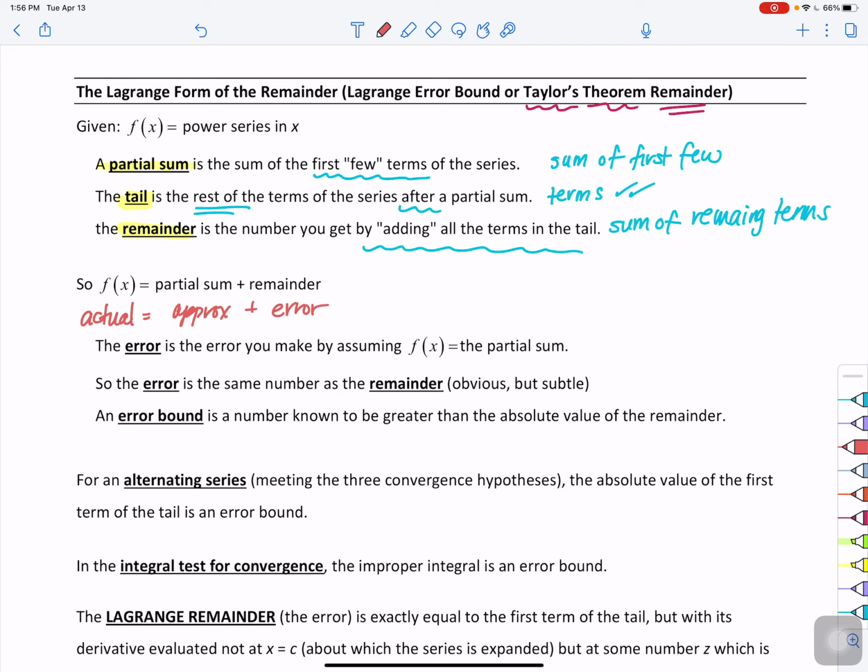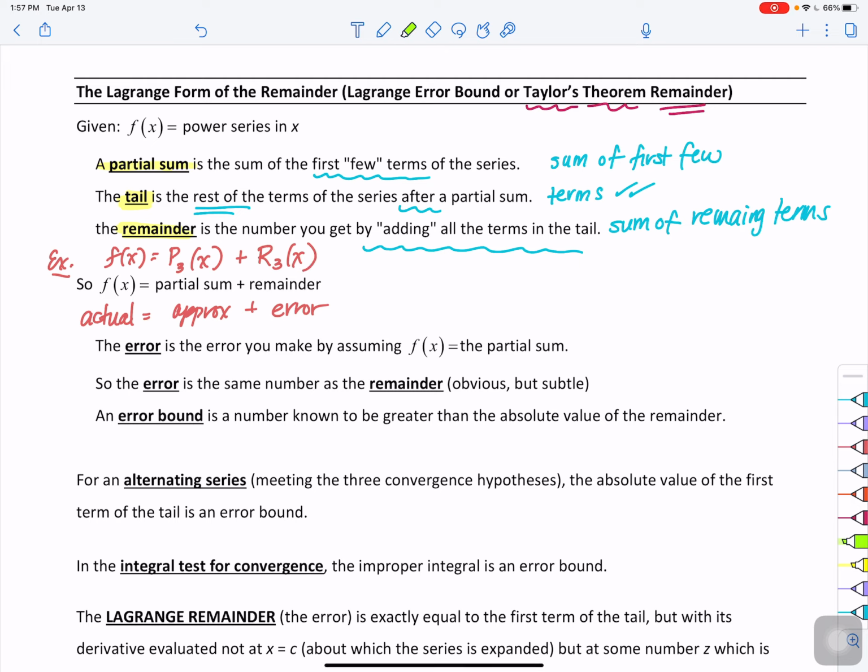Let's say, for example, you sum the first three terms, or third degree. How about that? For example, if we had f of x, we could say it's equal to this partial sum, the third degree Taylor polynomial, plus some remainder.